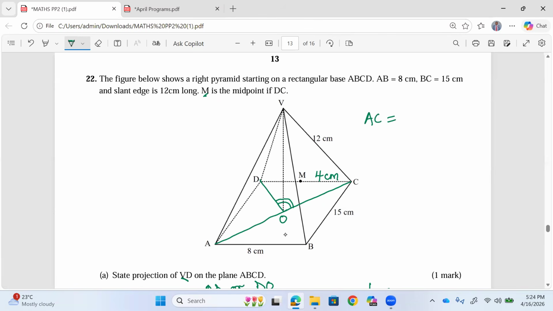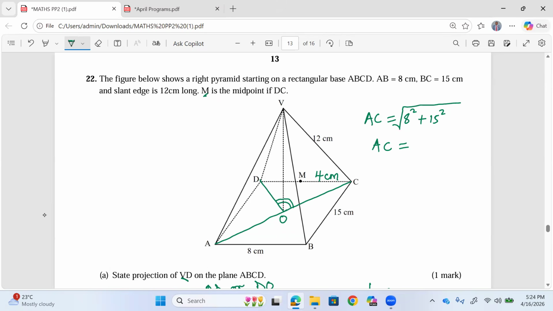Pythagoras theorem. Remember, this is a rectangular base. Therefore, ABC, when we extract the diagonal, becomes a right-angled triangle, right-angled at B. Therefore, 8 squared plus 15 squared, then we compute the square root.